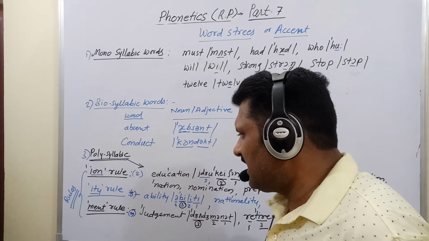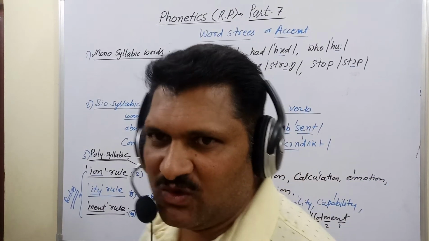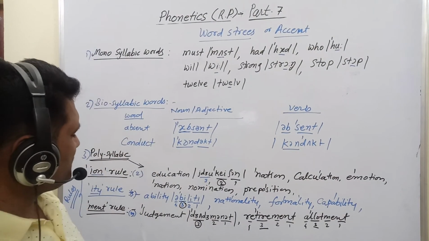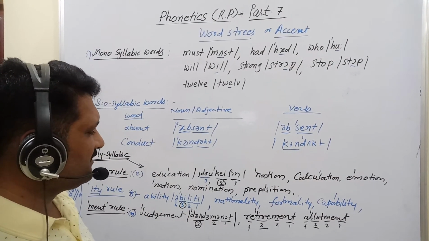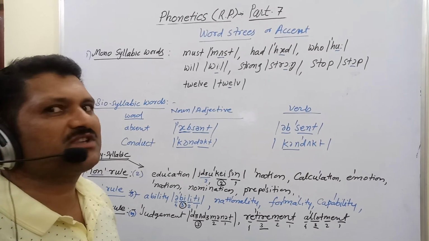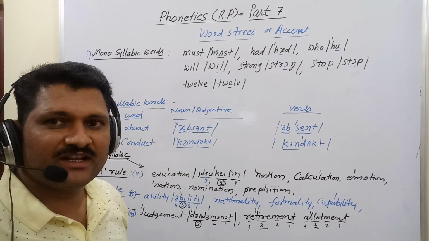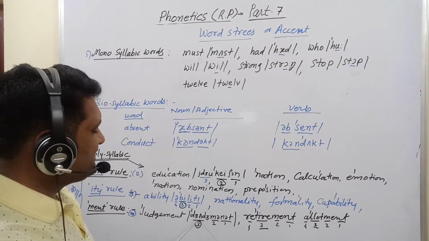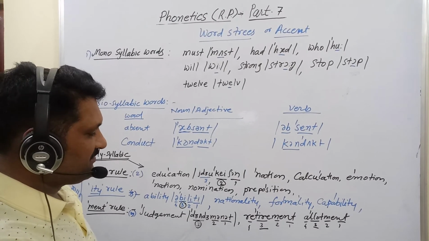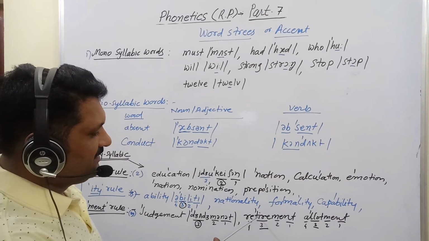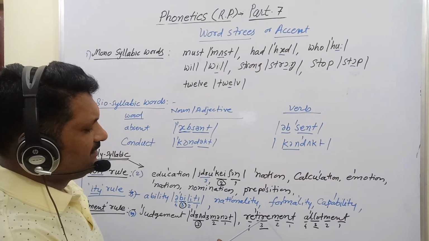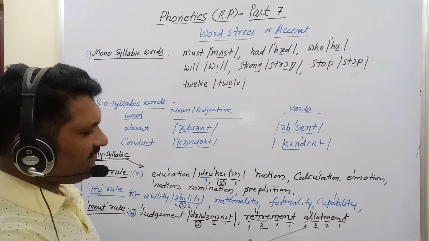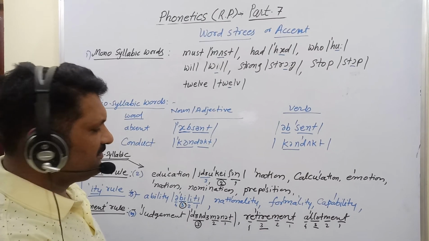There is a rule for ment. Some words end with ment. When such words end with ment, again the stress mark goes on the third-from-last syllable. Here judgment, judge is the third syllable from the last. Here re is the third syllable from the last and lot is the third from the last.